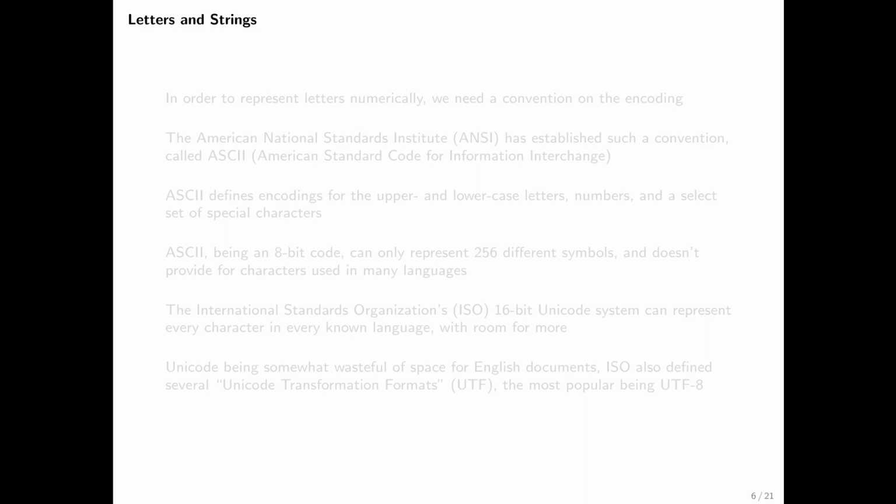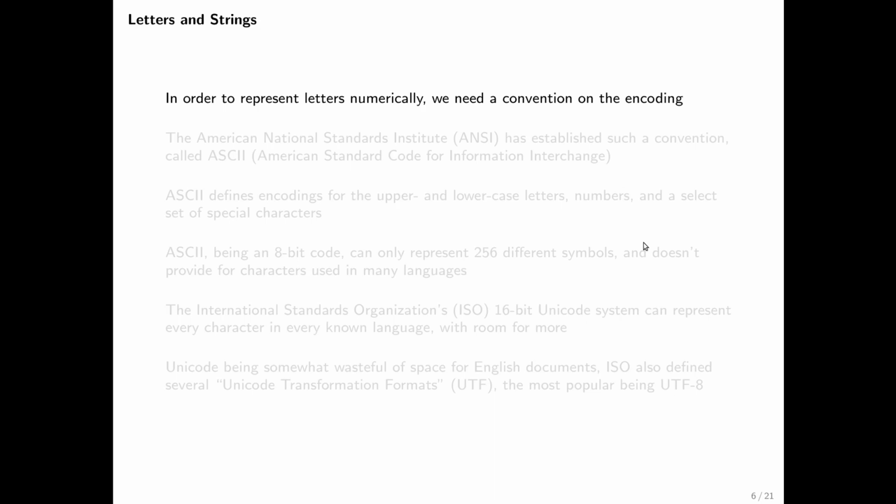So what next? The next thing is to talk about how you represent letters and strings. Because one of the things that you commonly do with a computer is you work on documents, you write documents. So what is a document? A document is basically a string of letters or symbols. So we need to figure out how you represent strings of letters.